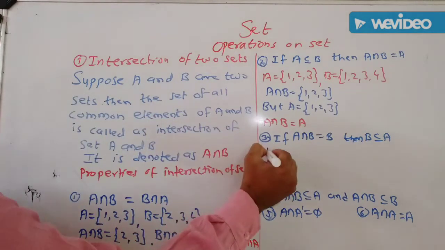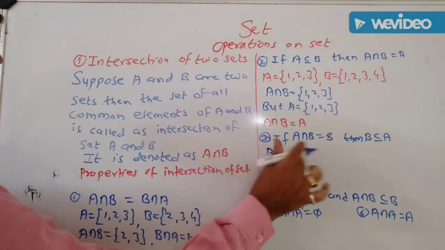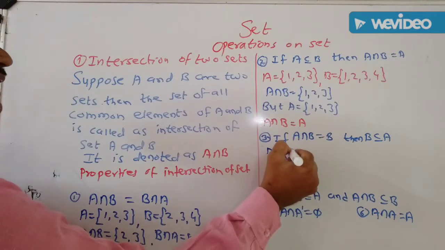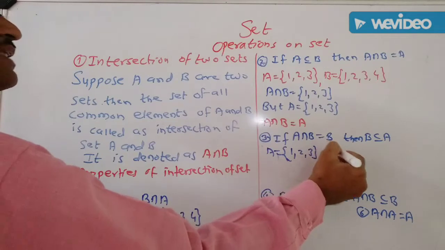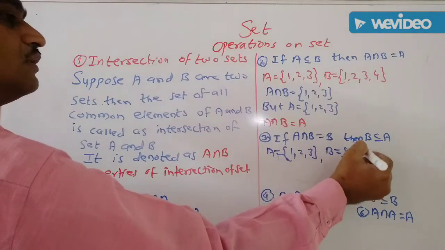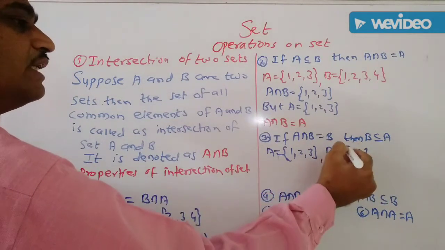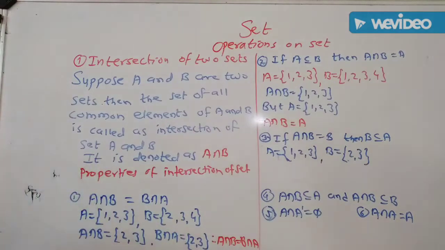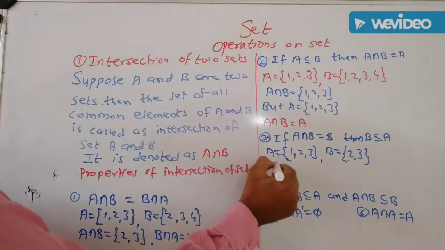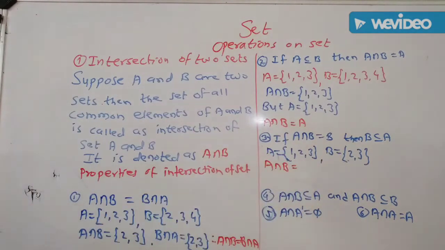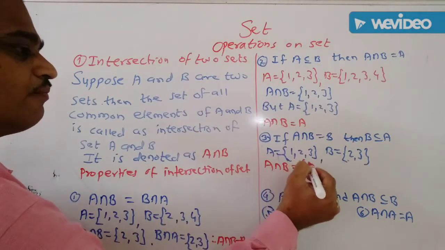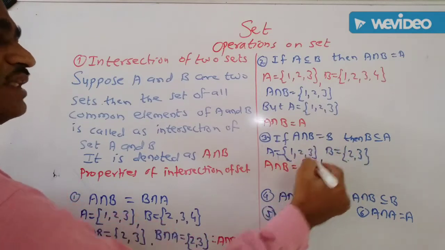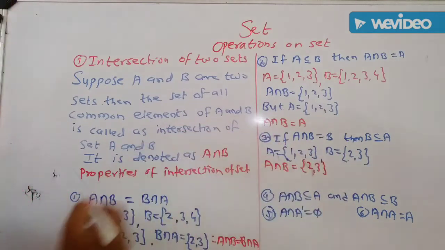Suppose we take two sets: A as {1, 2, 3} and B as {2, 3}. Then we take A intersection B. We get A intersection B as the common elements in both sets, 2 and 3.